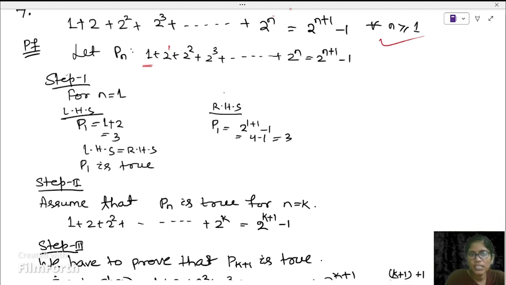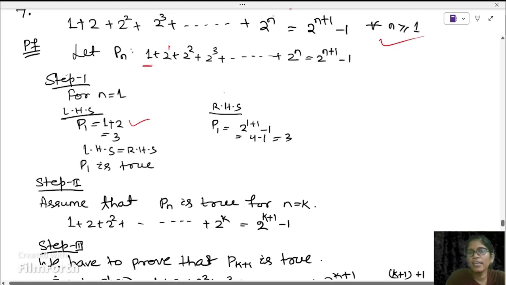That means the first sum will be 1 plus 2 to the power 1, because here n we put 1, which equals 3. Right hand side: 2 to the power 1 plus 1 minus 1, which equals 2 square, 4 minus 1, 3. Since left hand side equals right hand side, P1 is true.